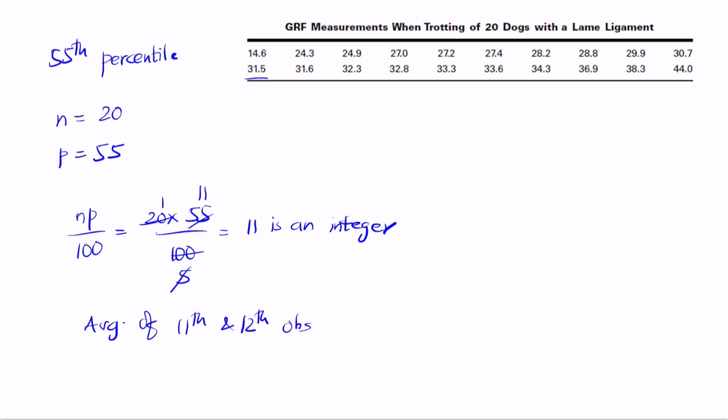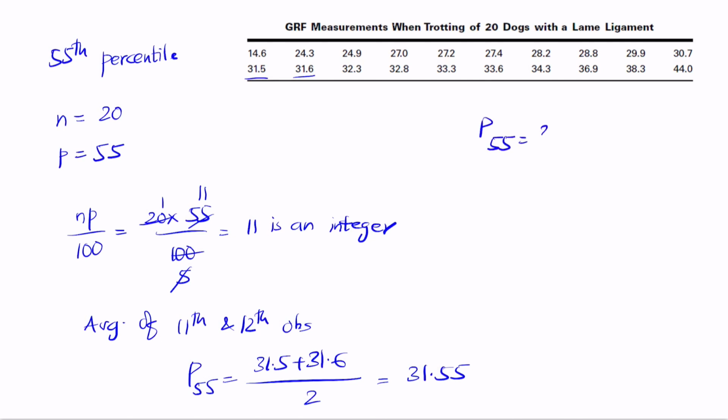Here the 11th is 31.5, the 12th is 31.6. So P55 becomes the average of 31.5 plus 31.6 divided by 2. Sorry, divided by 2. So that becomes 31.55. So P55 is 31.55.